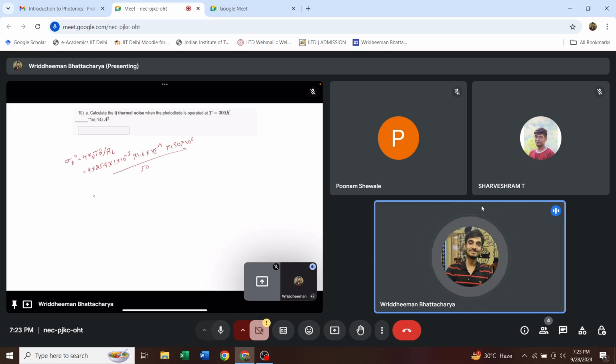So by solving this, we'll get 4.97 into 10 to the power minus 14. So this will be 4.97.